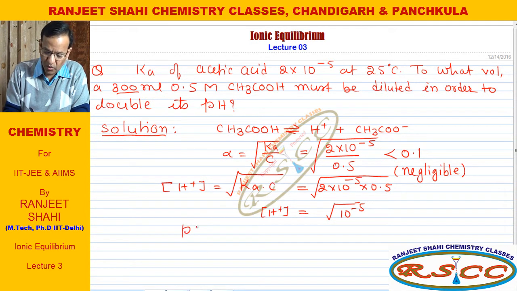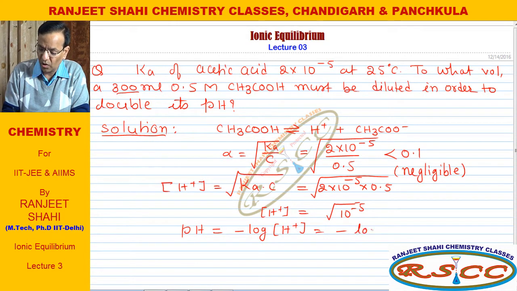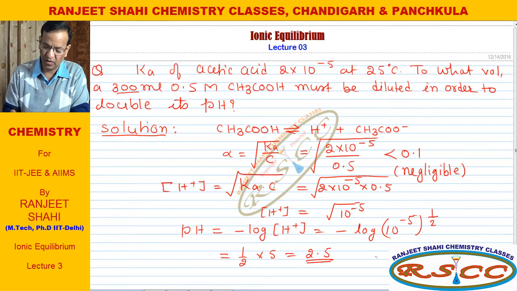So if we convert it into pH, it will be negative log of 10 raised to the power minus 5 whole raised to the power 1 by 2. So it is going to be 1 upon 2 into 5. So minus of 5, when it comes out with minus, it will become plus. So it is 2.5. So the original solution pH is 2.5.